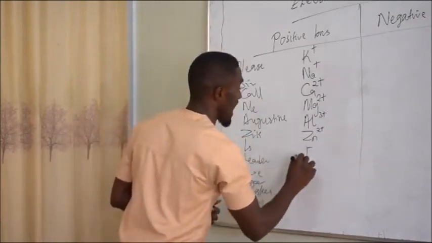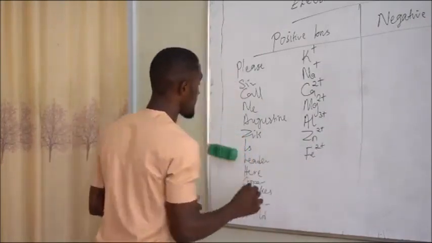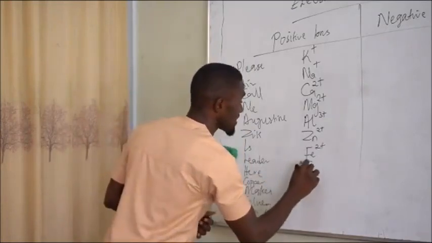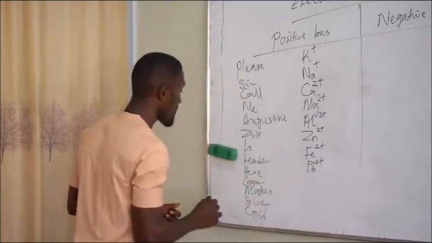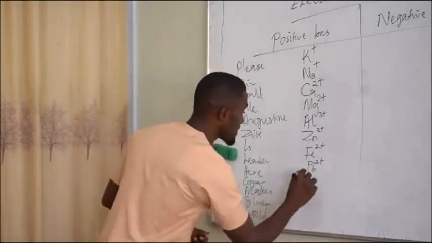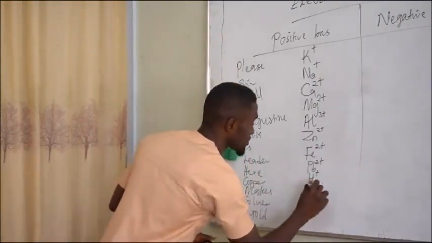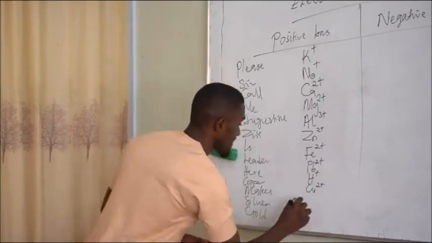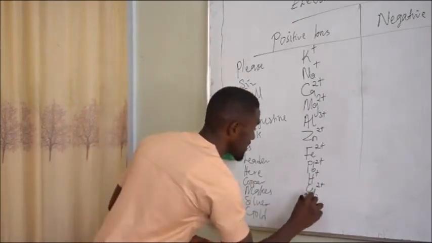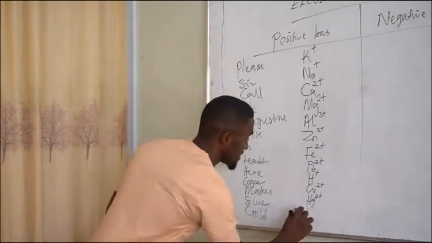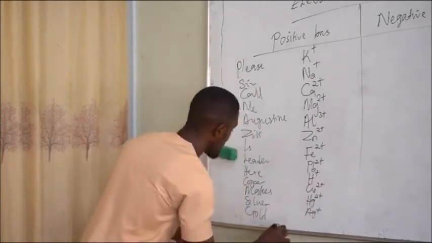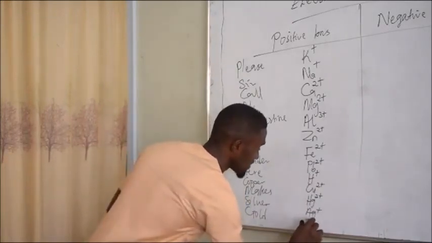Is represents iron 2 ion. Leader represents lead 2 ion. Here represents hydrogen. Copper represents copper 2 ion. Makes represents mercury ion, then the silver ion, and gold.